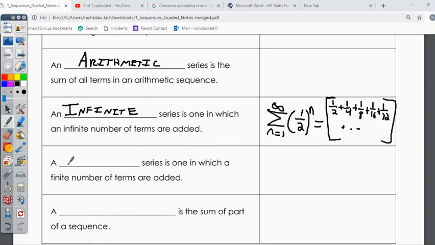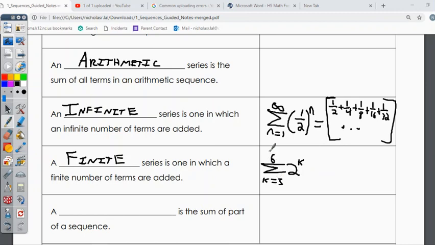A finite series is one in which a finite number of terms are added. So we're going to have k equals 3, start at 6, and then you're going to have 2 to the k.